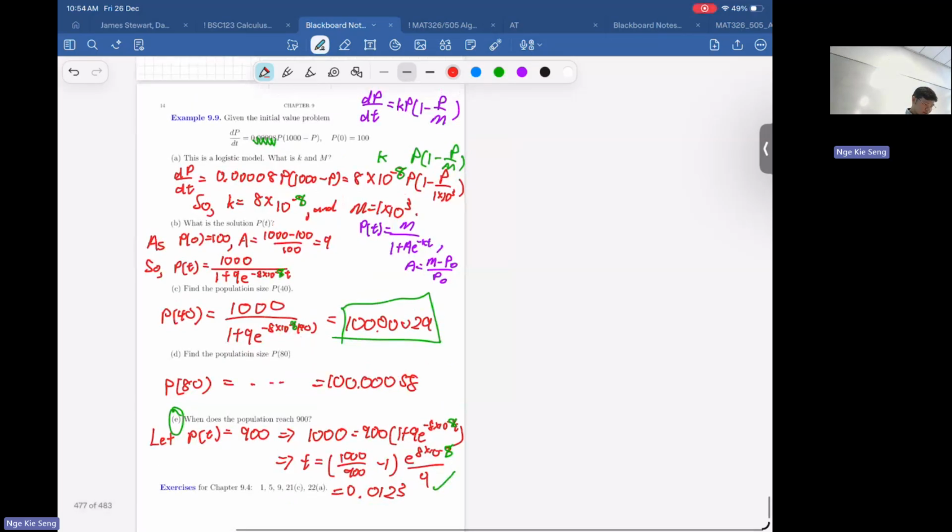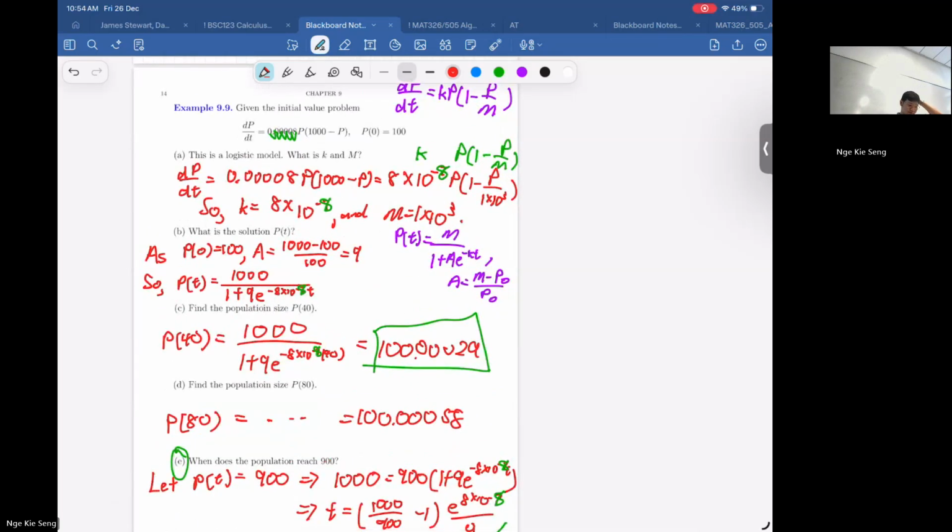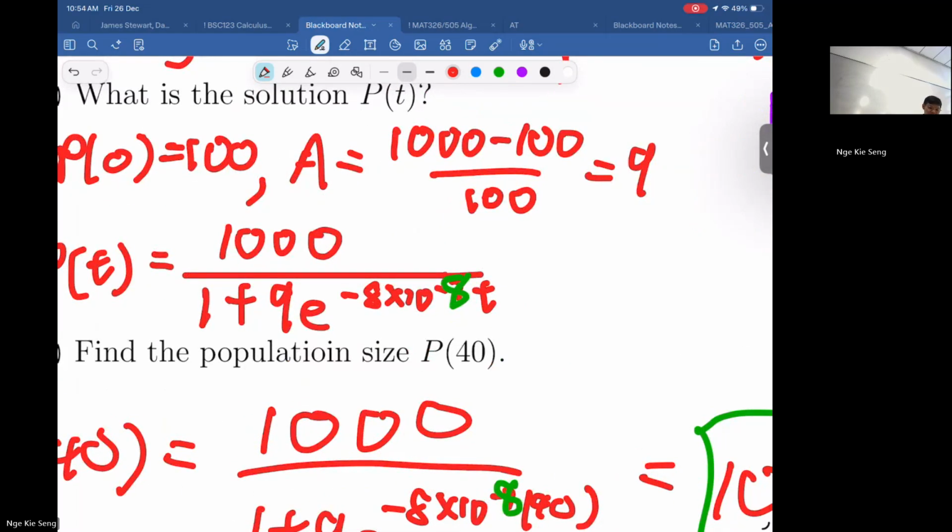What's the explanation to this? Let me think. When t goes large, what happens to this? When t goes large, e to the minus t. Let's think about e to the minus t.